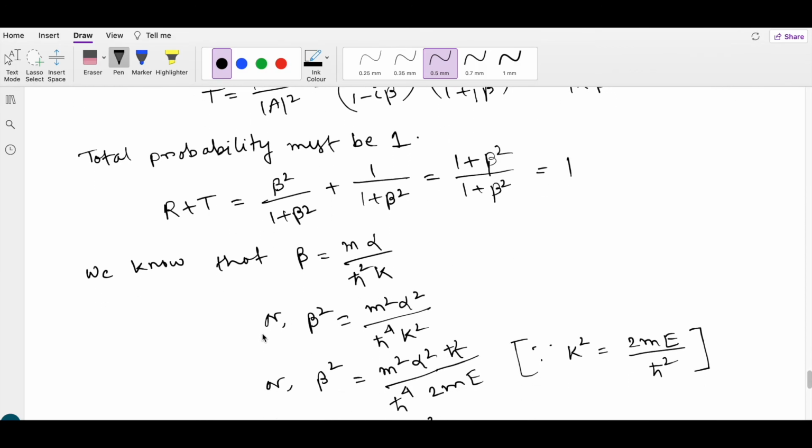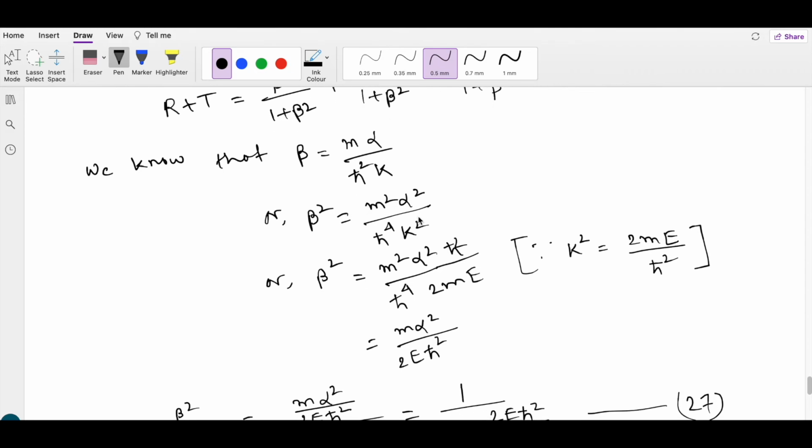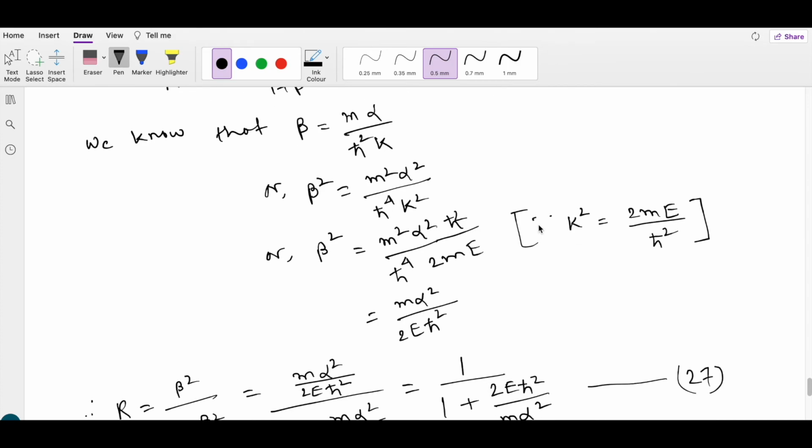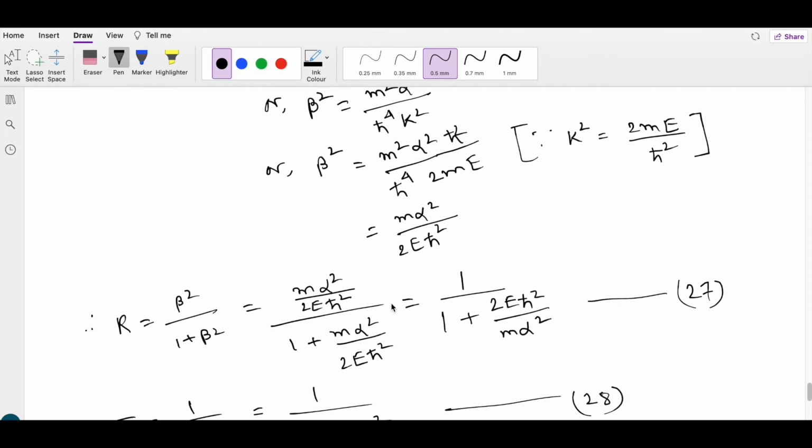So we know that beta equals m alpha by h bar square k. Now just square both sides, we get beta square is m square alpha square by h bar to the power 4 k square, and we know k square is 2mE by h bar square, and just put that value in this equation, we get beta square equals m alpha square by 2E h bar square.